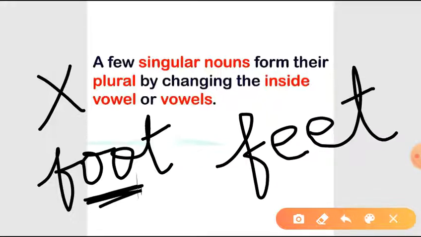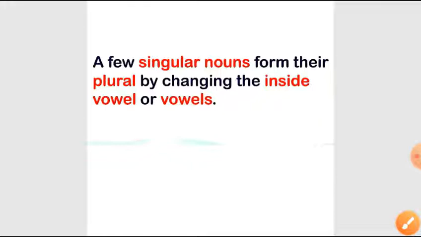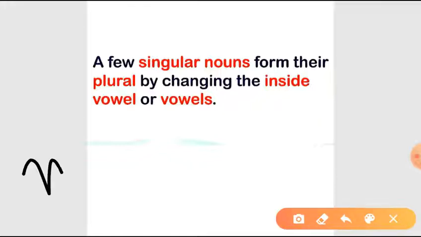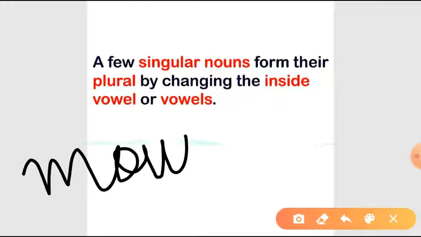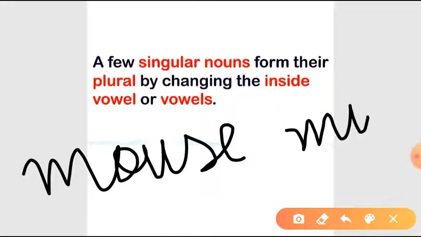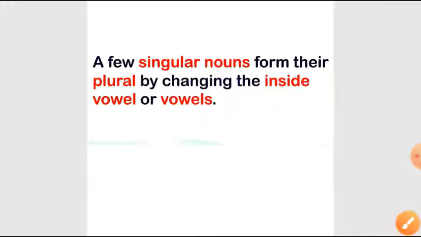Foot is the singular form, feet is the plural form. But if we take the example of mouse, so its plural is mice. So this is not any sort of rule and it is not applicable everywhere. So it is just a concept you can remember.